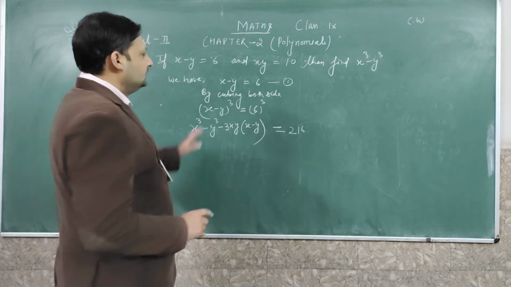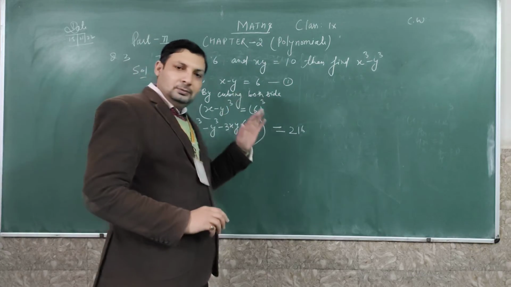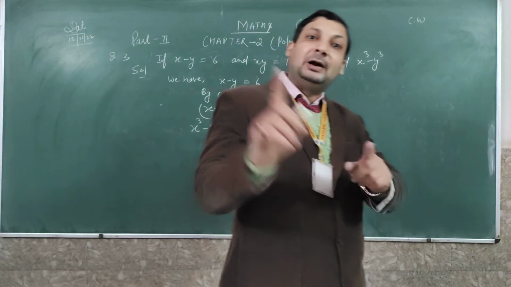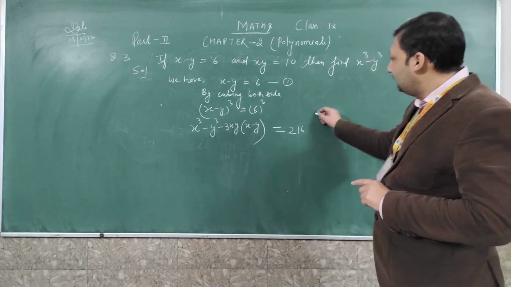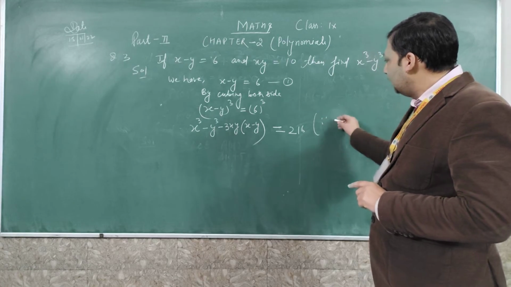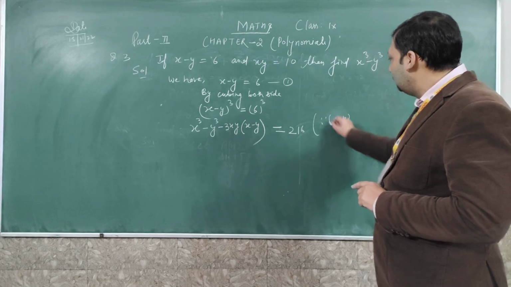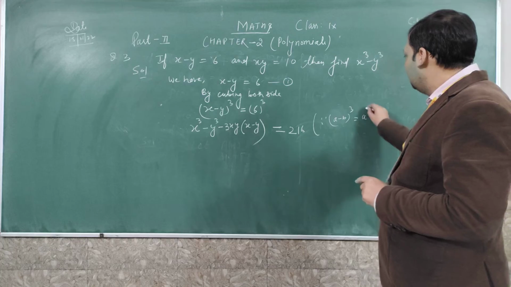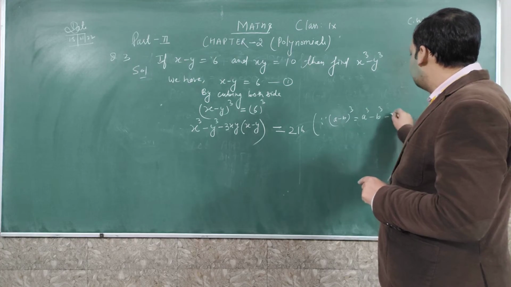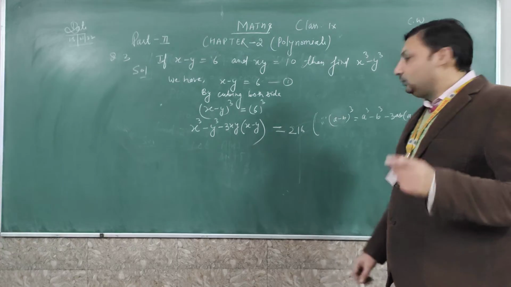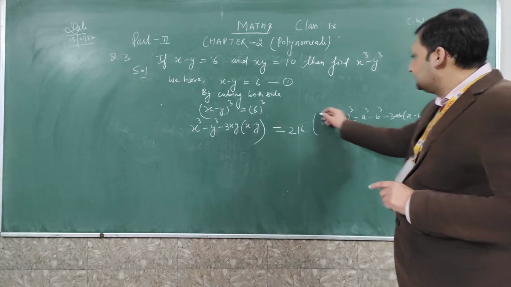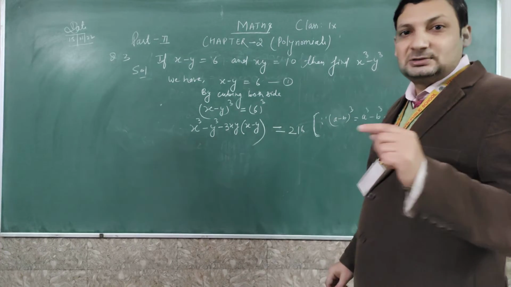Now see here, we have used the formula, and we have to write the formula on one side. I am using the formula for a minus b whole cube, that is a cube minus b cube minus 3ab into a minus b. If you do not write the formula, teachers can cut your marks.